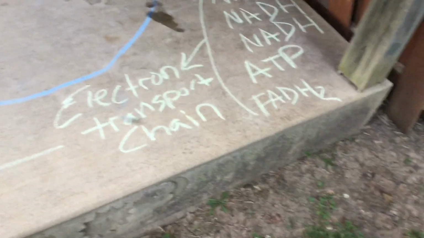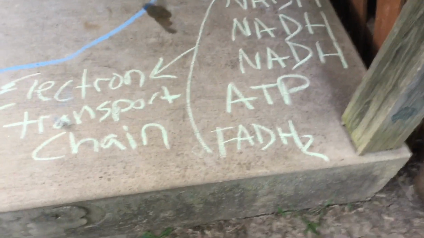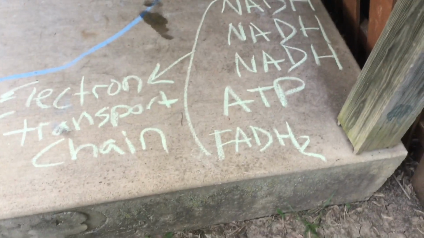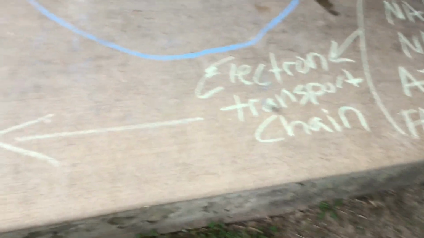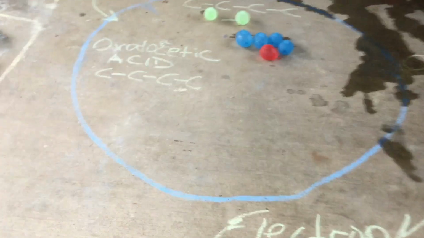Now we're going to look at our FADH2. FADH2 gives us 2 ATPs, so we multiply that by 2, which is 4. We had 34, so all of this goes through the electron transport chain, and that's where we get our 38 ATPs.